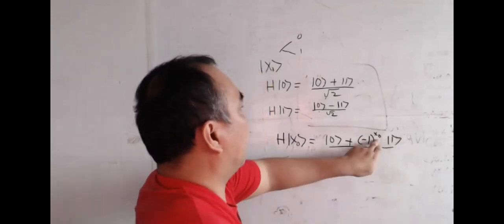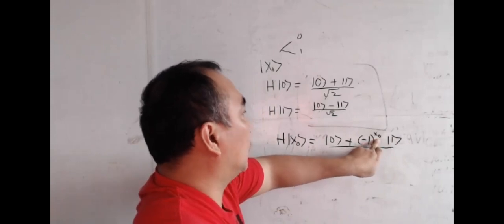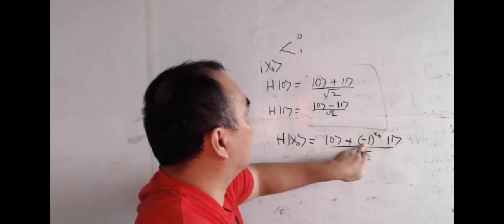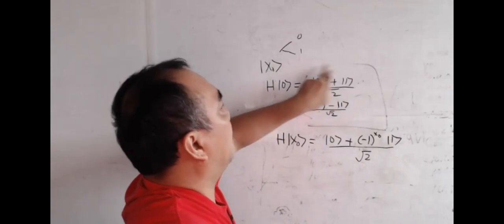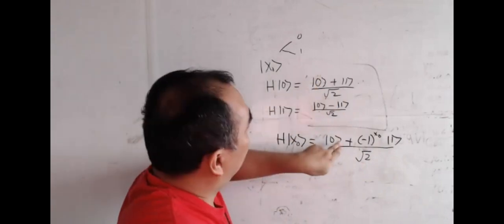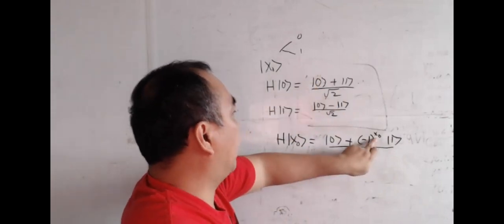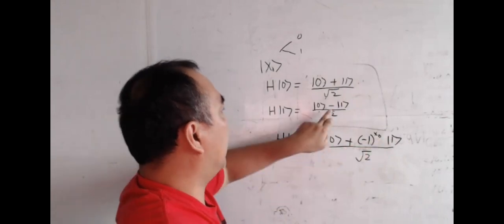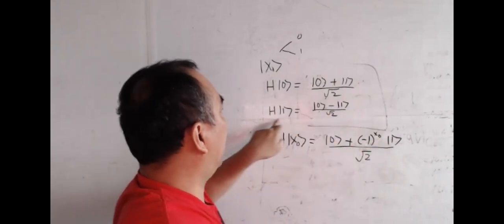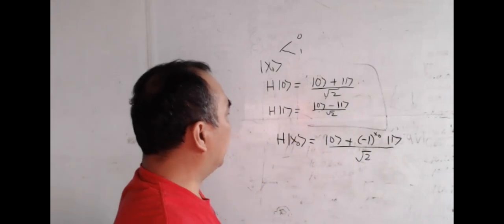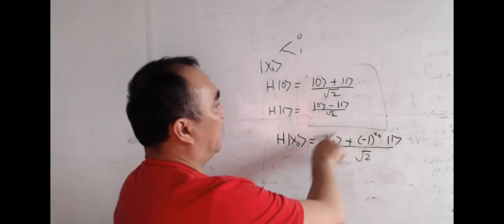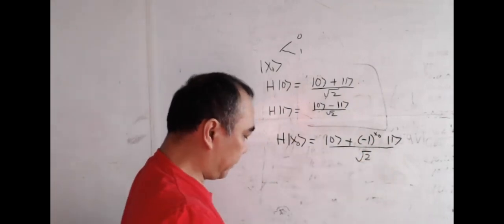Because if x0 is equal to 0, this becomes 1, and you will end up with this expression. And if the value of x0 is 1, then this becomes -1, and you'll end up with this expression. So this is the form of the Hadamard.